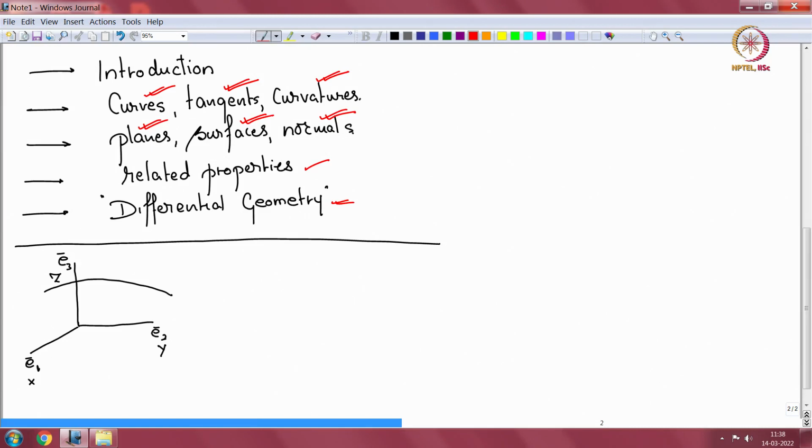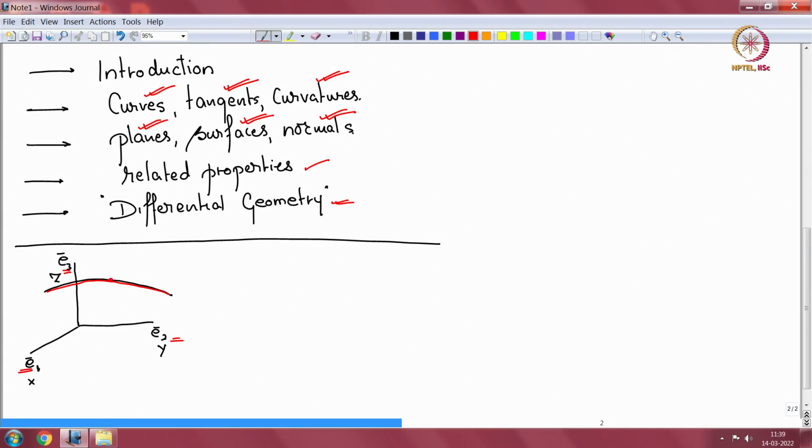So here is a rectilinear orthogonal coordinate system. These are the basis vectors E1, E2, E3. And in our familiar form, these are x, y and z, and here is a curve in 3D.